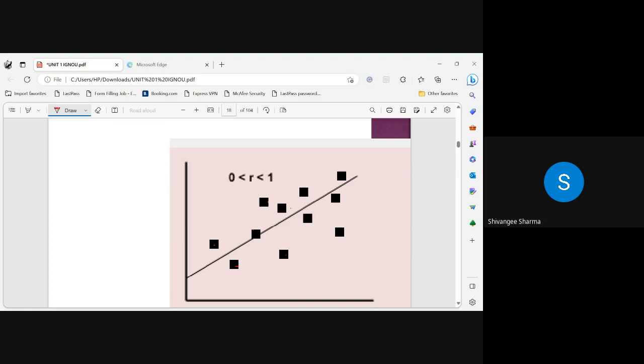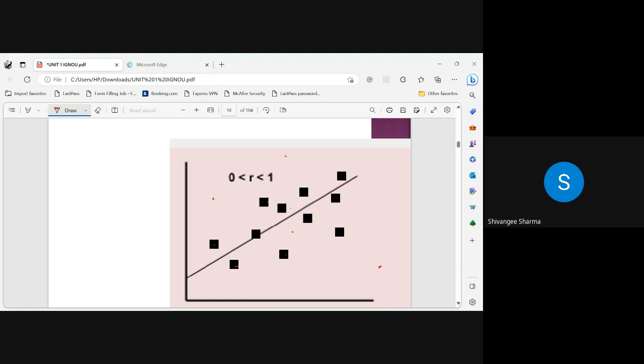And if the values are not related, suppose one value is here, another here, and another here, then it is very much scattered. It means the two variables you are studying are nowhere related, nowhere correlated, right?